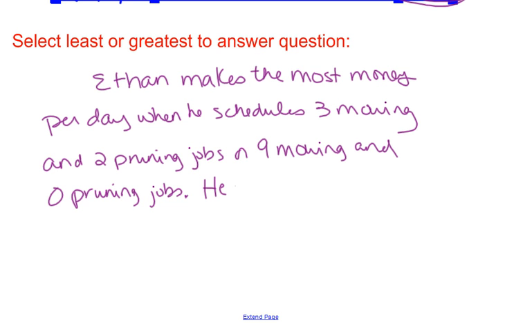He makes $360 for both. It's really important that you answer these as sentences that people who aren't doing the math can understand.